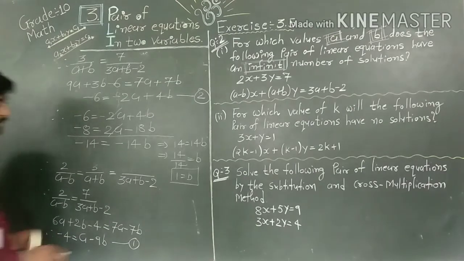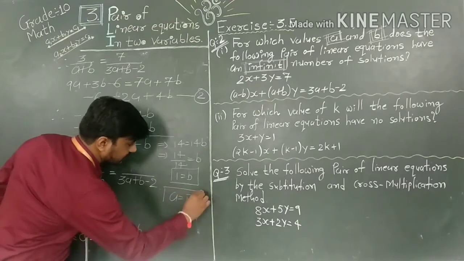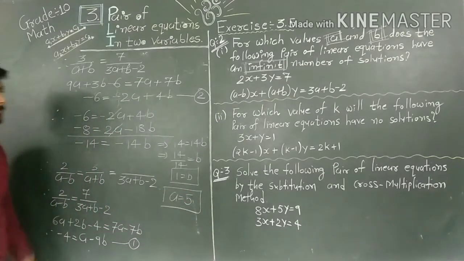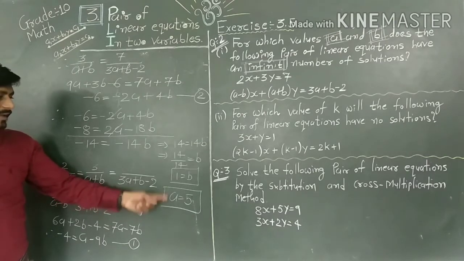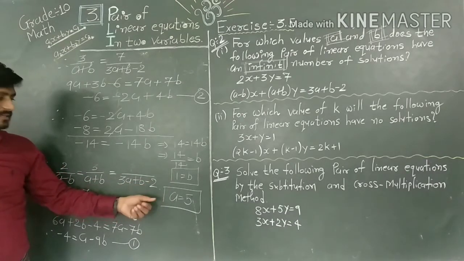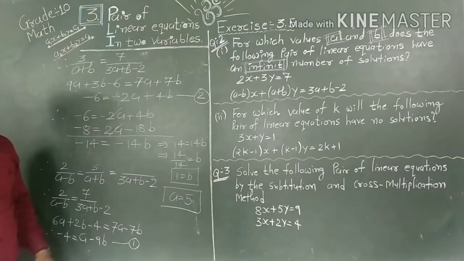That means a is equal to 5. Finally, we have a is equal to 5. This is our final answer, the value of a and the value of b: a is equal to 5 and b is equal to 1. Got it everyone?